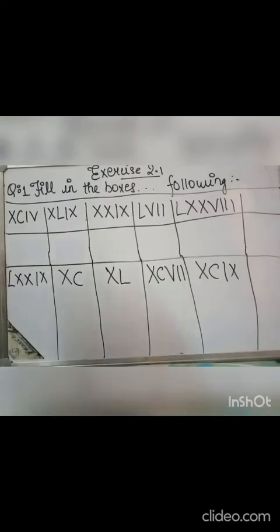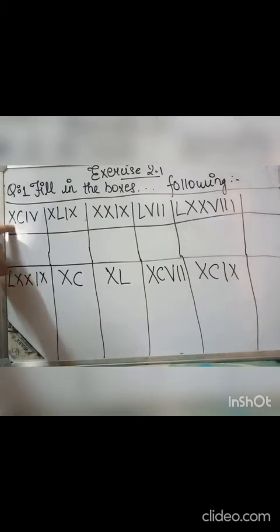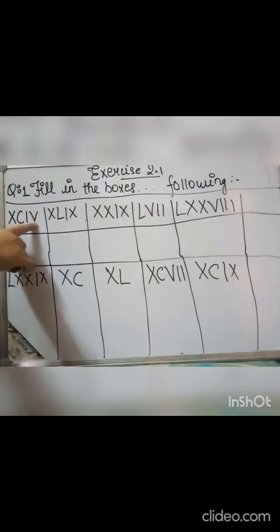Exercise 2.1, question number 1, fill in the boxes. So we have to write these Roman numbers as Hindu Arabic numerals. First we have C, and X is written at the left. So we have to subtract 10 from 100. 10 from 100 means 90, and then IV.